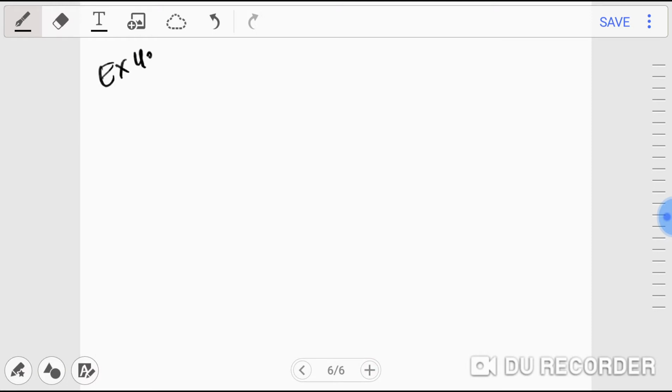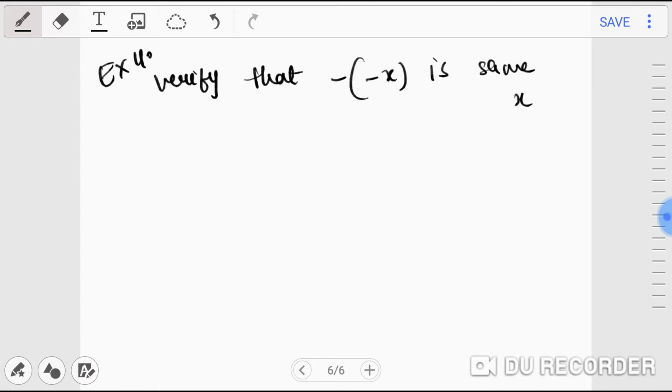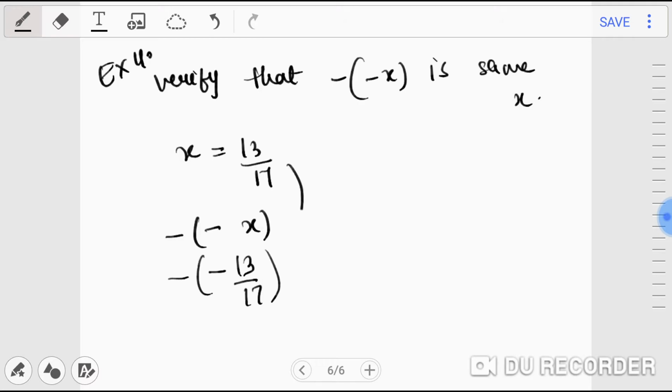Example 4. Verify that minus minus x is same as x. So if I give you x value as 13 upon 17, and you have to make minus minus x, that is minus minus 13 upon 17, because x value is 13 upon 17.